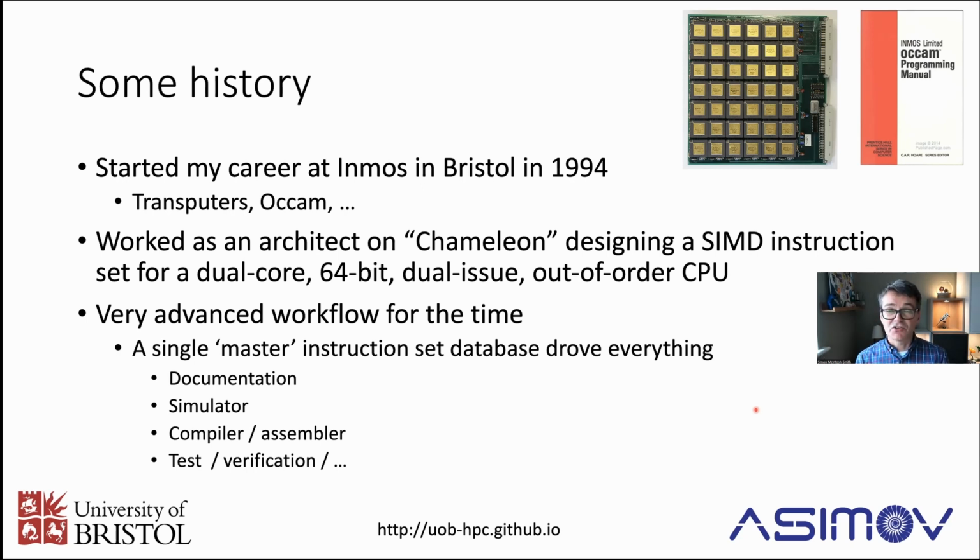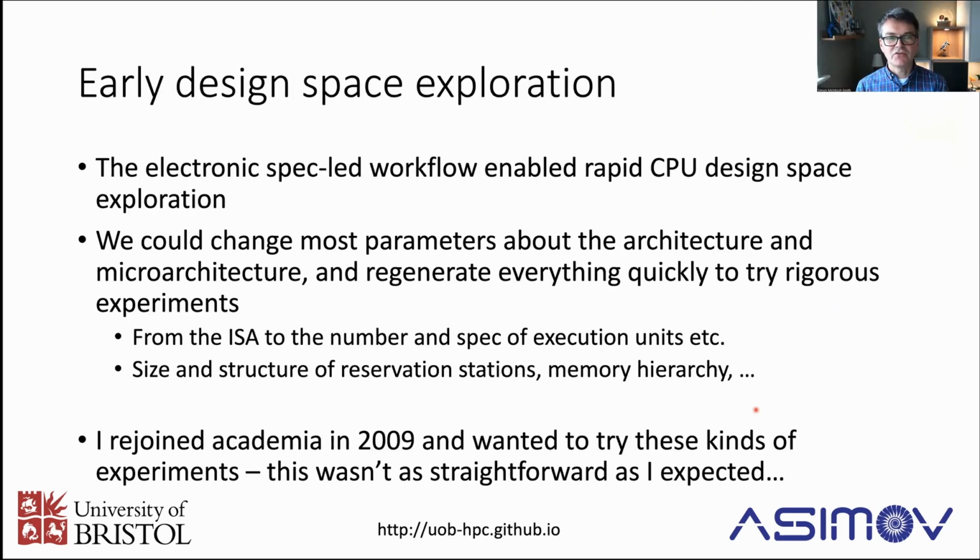The simulators, there were two different simulators. There was a cycle accurate one, and then also just an instruction set one that was faster. The compilers and assemblers all used exactly the same inputs, and all the tests and verification flow were all built off this one file. This had lots of really cool advantages. It meant that you could do design space exploration.